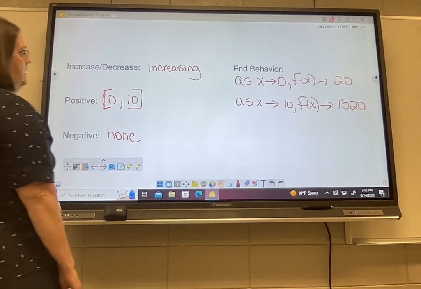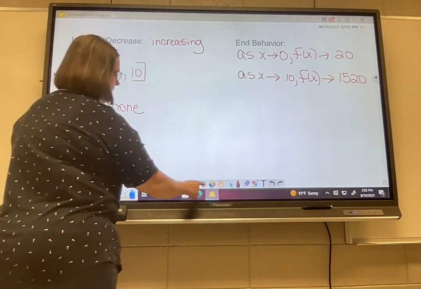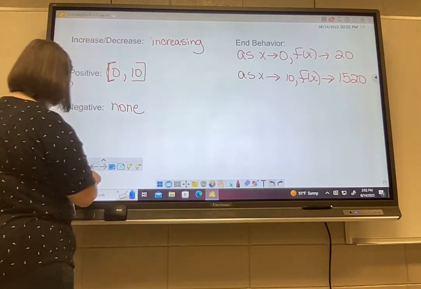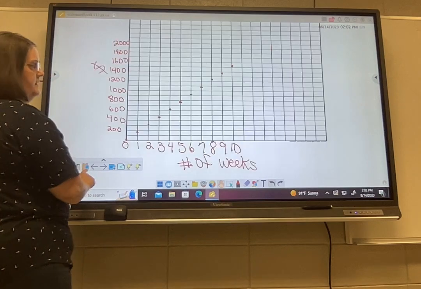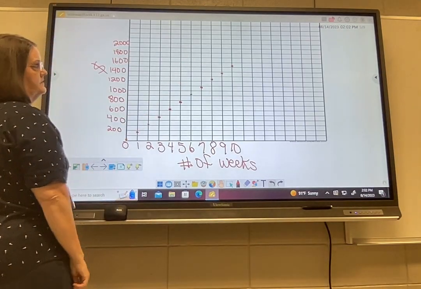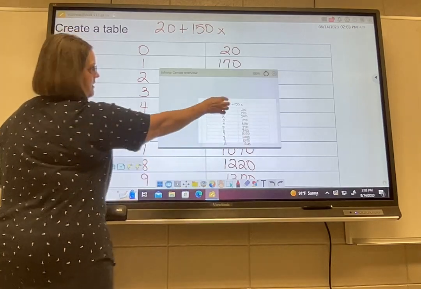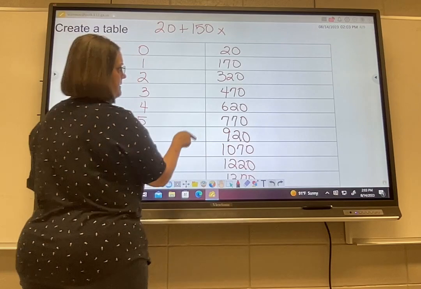Okay, now, is this function increasing or decreasing? Go back, look at the table, look at the graph. See, the graph is going up. It is increasing from left to right. You see this right here. If you look at the table, all the values are increasing from left to right.